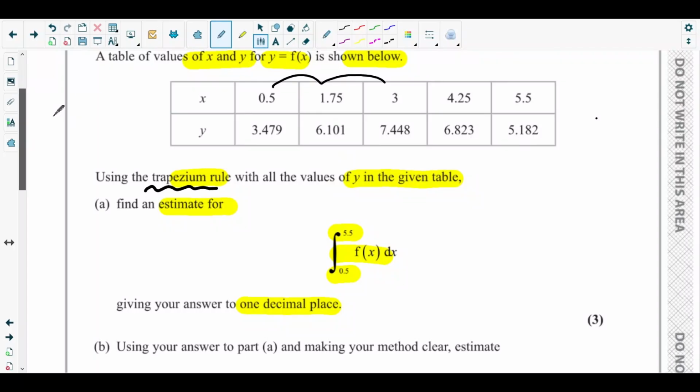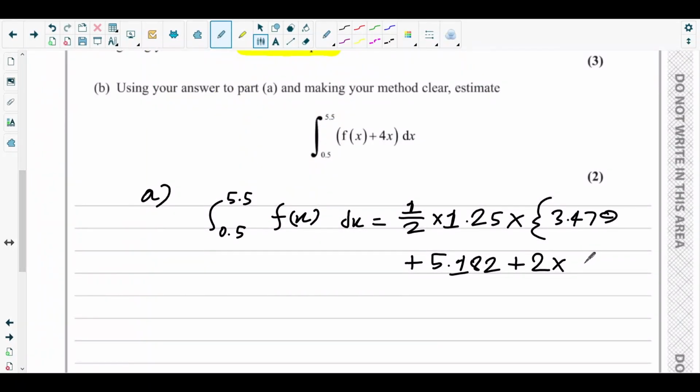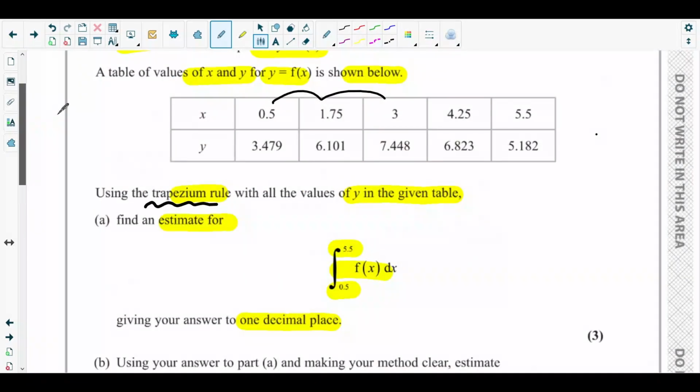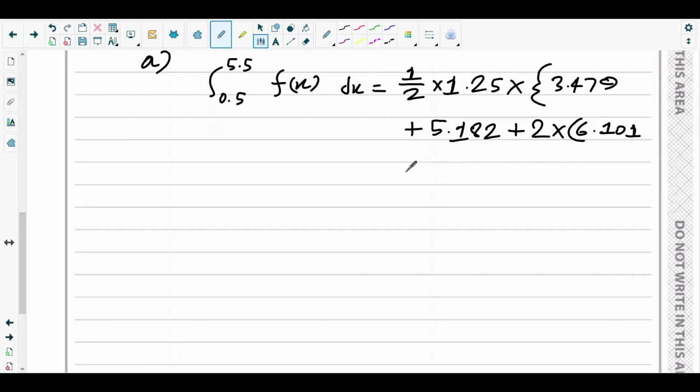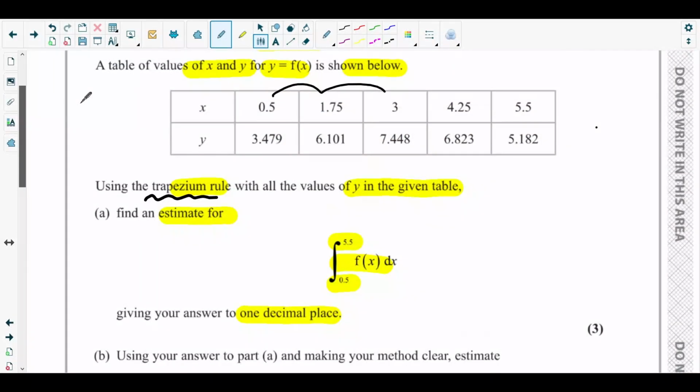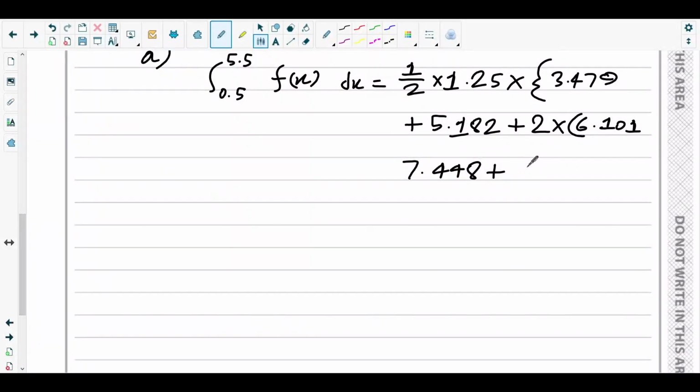The rest of the y values are 6.101, 7.448, and the last one is 6.823. Bracket closed.